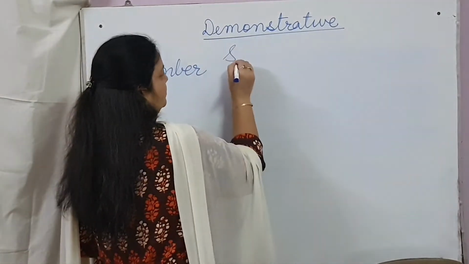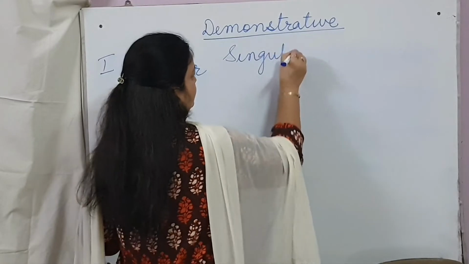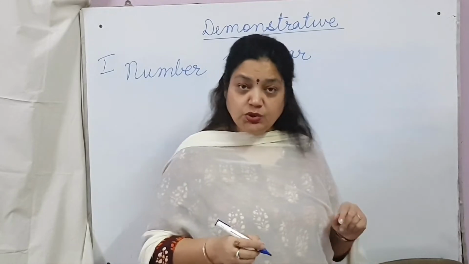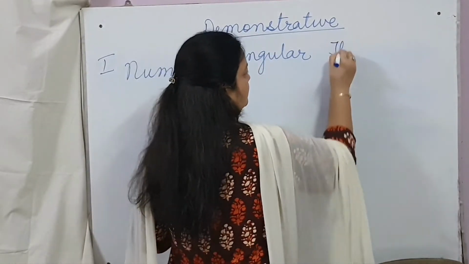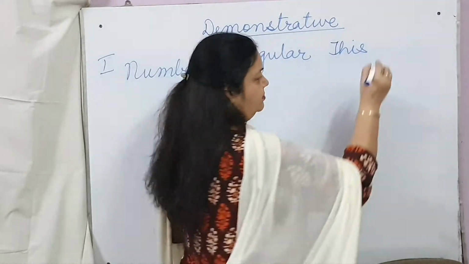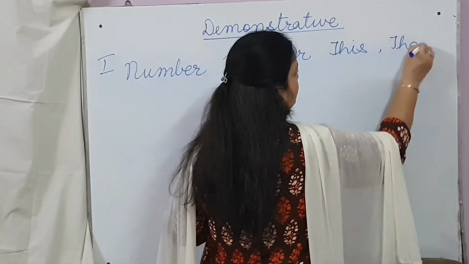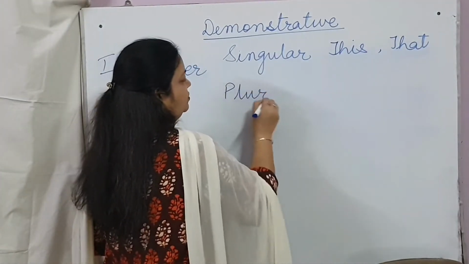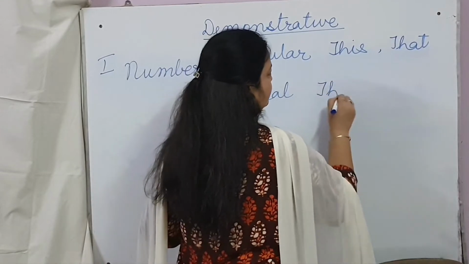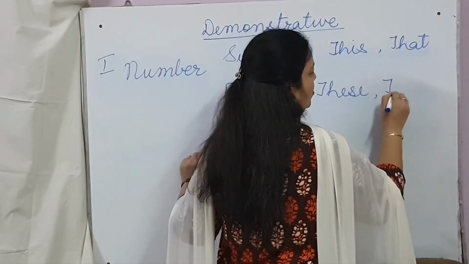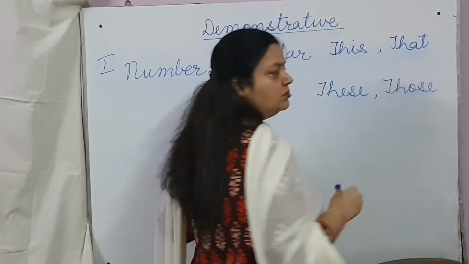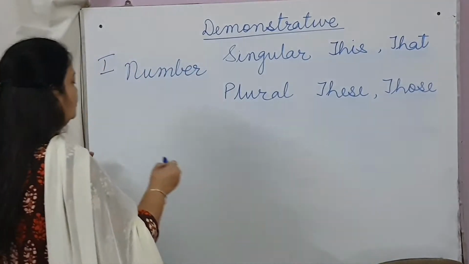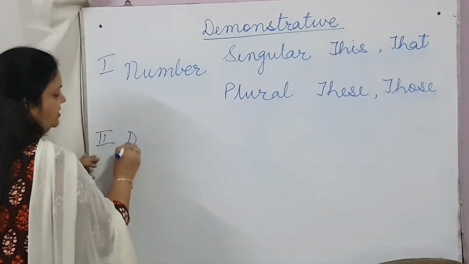Meaning singular. When we talk about singular objects, we use this or that. Or when we talk about plural objects, we use these or those. Clear? Now come to second head, that is distance.